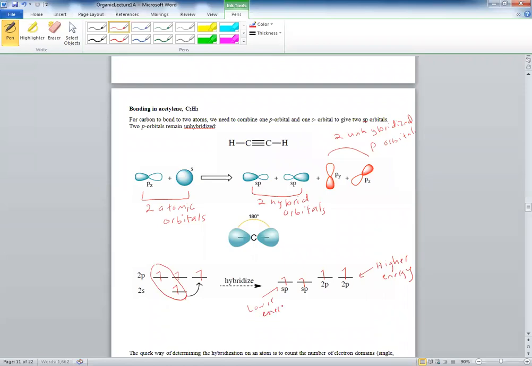If you notice, the sp is somewhere between the 2p and the 2s. You see that? That's also why hybridization occurs, to make 2 unpaired electrons. And that gives you right here a 180-degree angle because you have 2 electron groups, the two unpaired electrons.